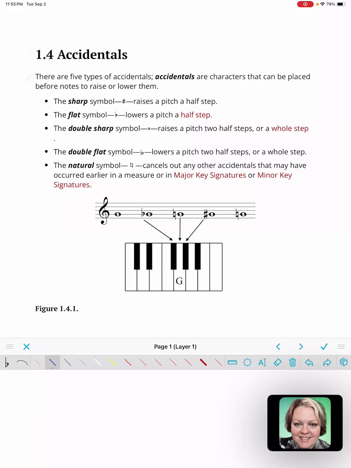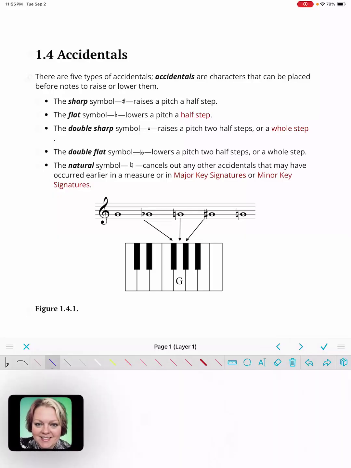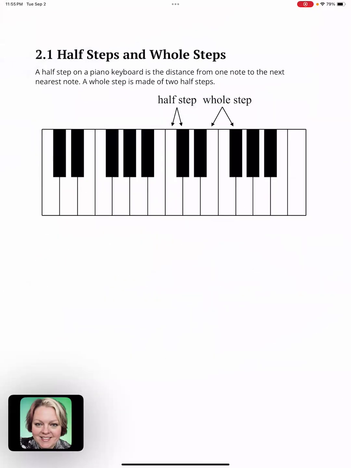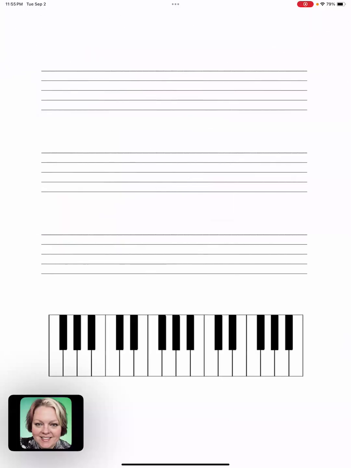And this is one of these problems with this book, again, is that it just assumes that you know what a measure is, but I'm not going to assume that you know that. So I'm going to go over, I have a picture over here of some staves that I can write on. There's a picture of the keyboard there at the bottom.